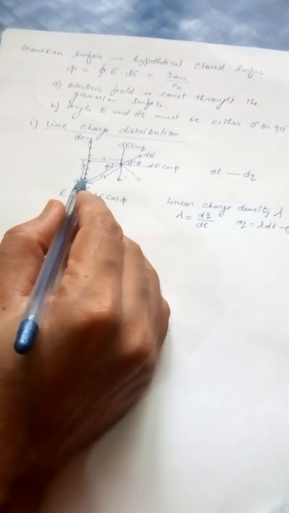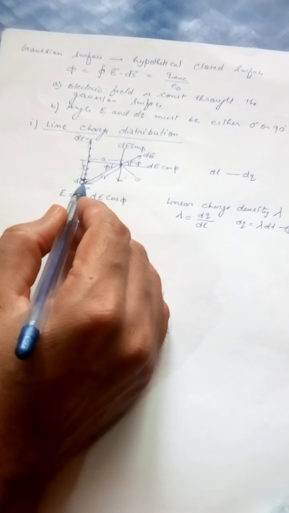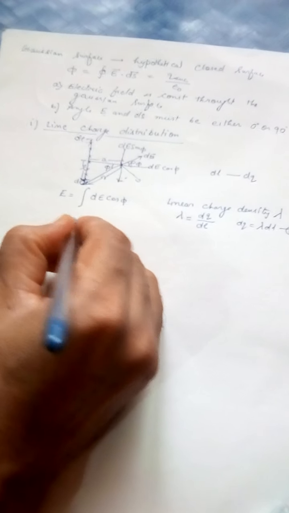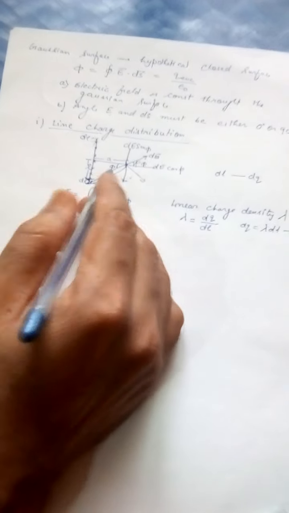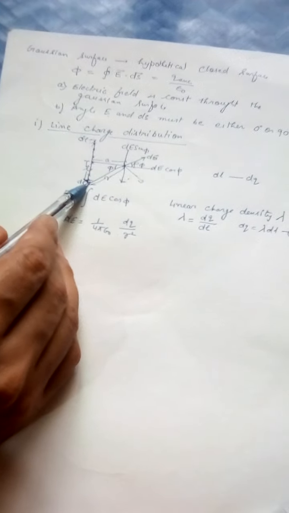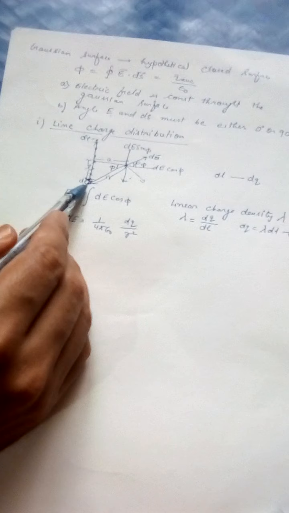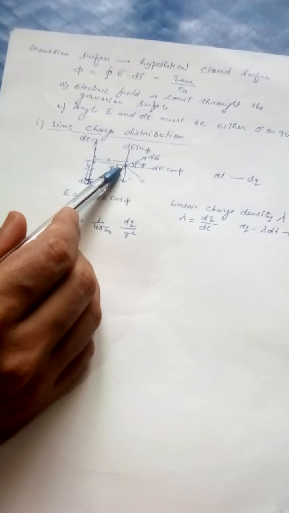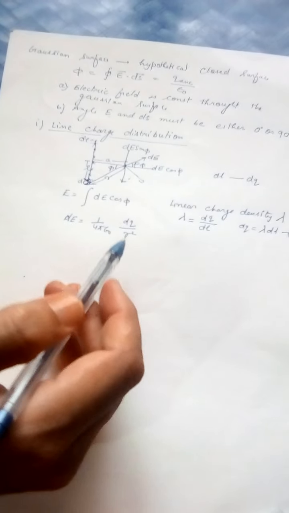Now this dl element is very small, so the charge present, dq, can be taken as a point charge. What is the electric field due to point charge dq at distance r? dE equals 1 by 4 pi epsilon naught dq by r square.